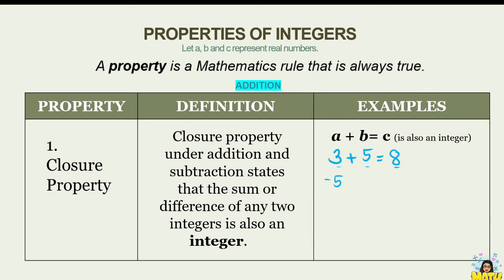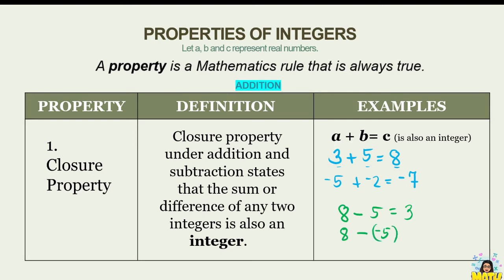Another one, negative 5 plus negative 2. Since they have common signs, add their absolute values and copy the common sign. Again, negative 5 and negative 2 are negative integers and their answer is also an integer. Well, this one is also applicable to subtraction. 8 minus 5, that is 3, or 8 minus negative 5.